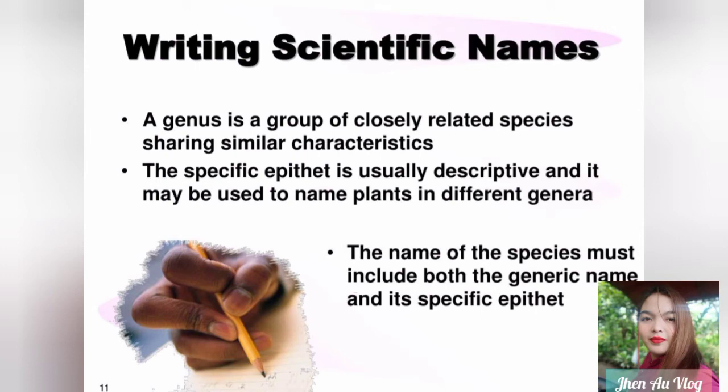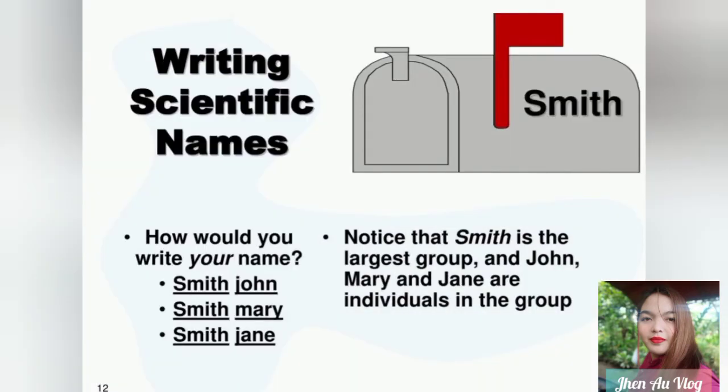For example, your name: Smith Jhen. Notice the Smith is the largest group, meaning it is your surname, and Jhen is your first name. So the genus is the Smith, and the Jhen is the species.